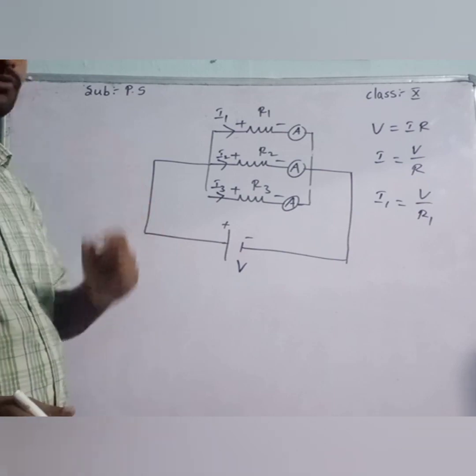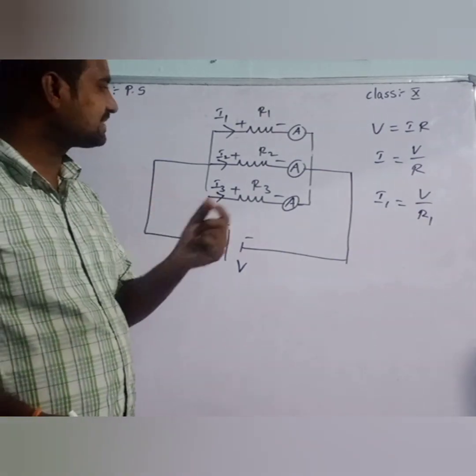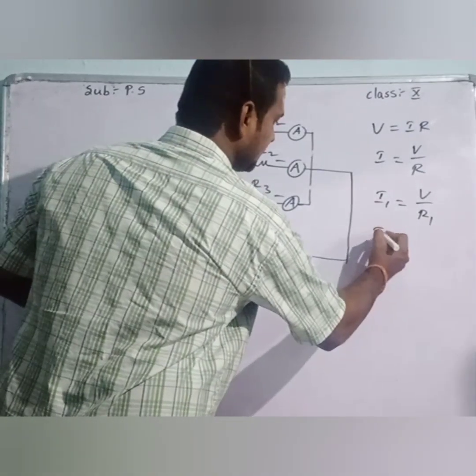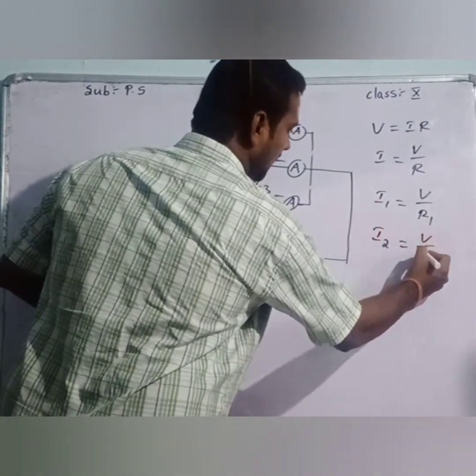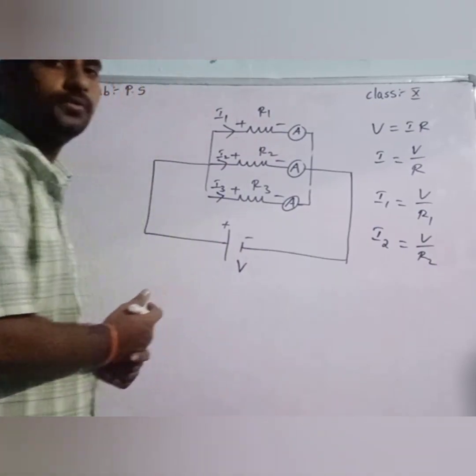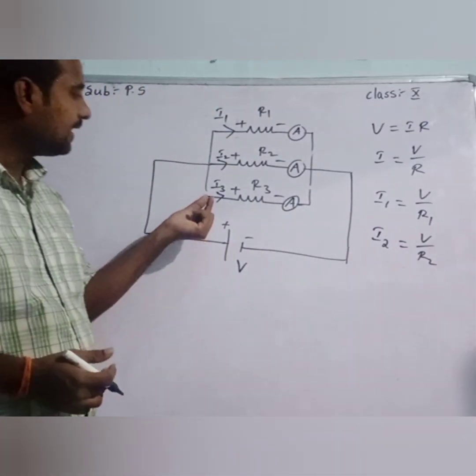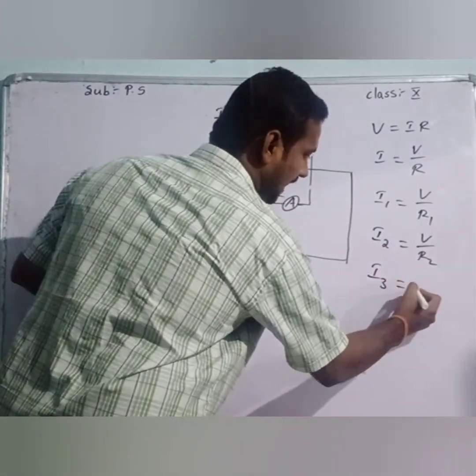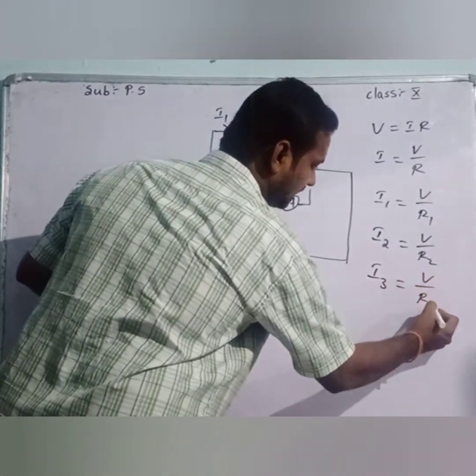Now the current passing through resistor R2: I2 is equal to V by R2. The current passing through resistor R3 is I3, so I3 is equal to V by R3.